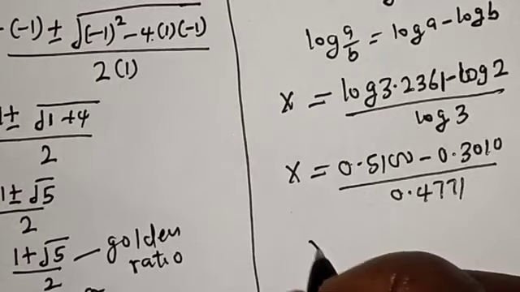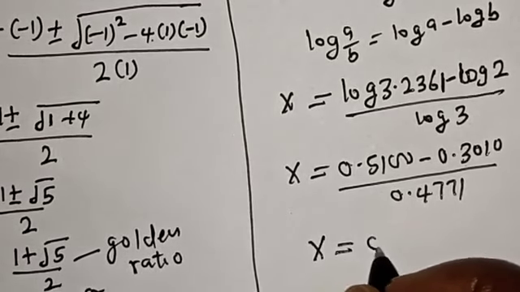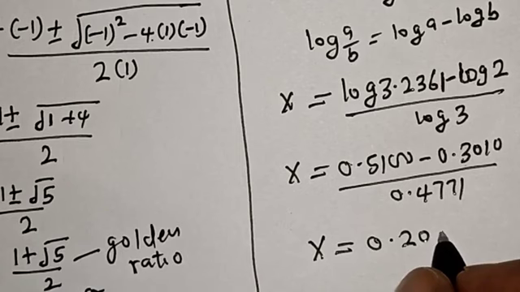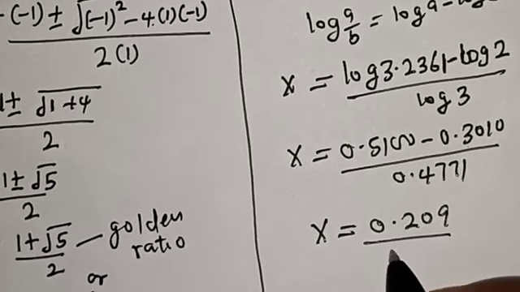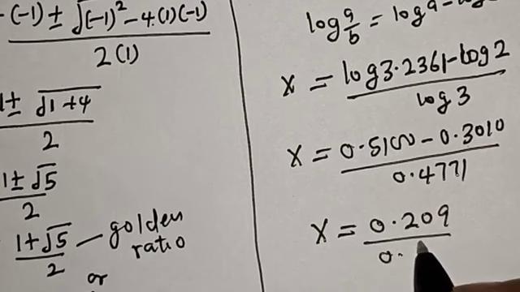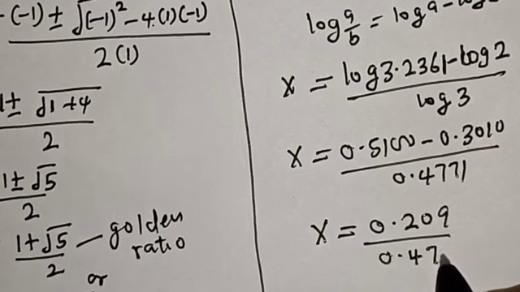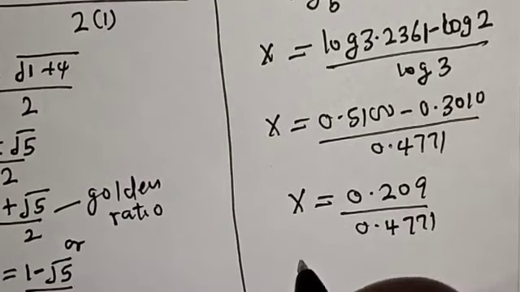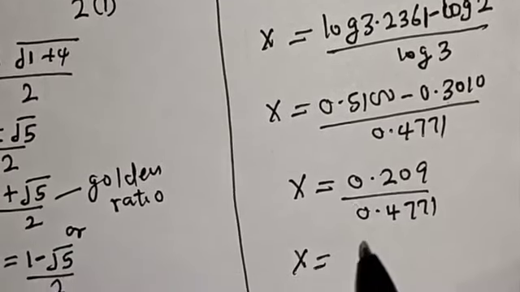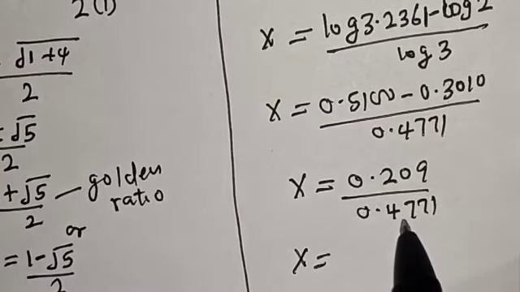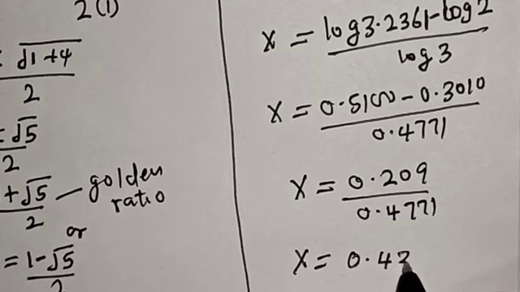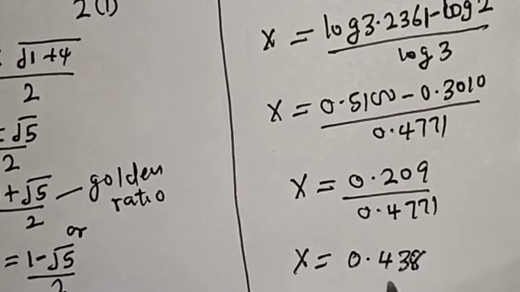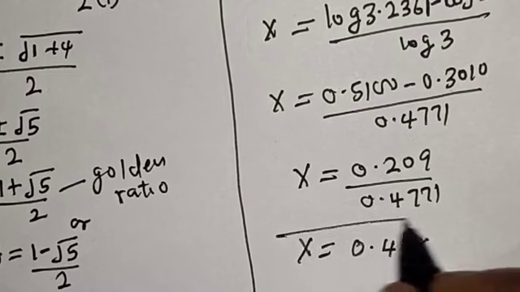Then s is equal to 0.209 divided by 0.4771. And our final answer is s is equal to 0.209 divided by 0.4771, that is 0.438. That is our final answer.